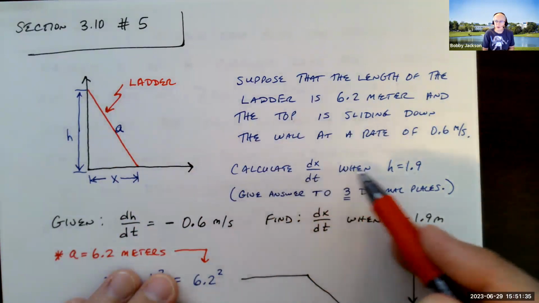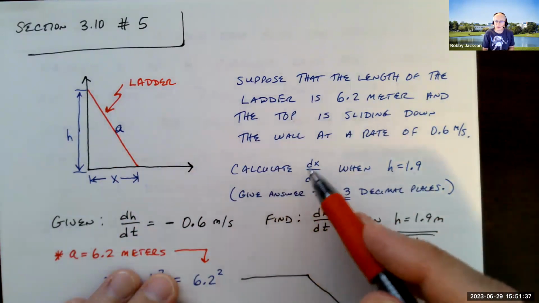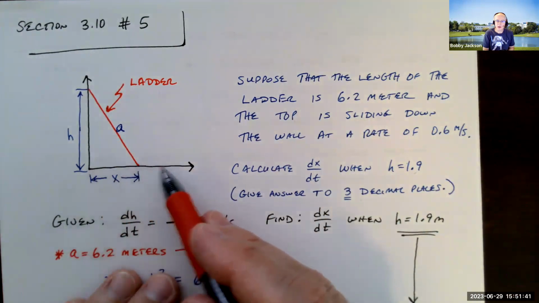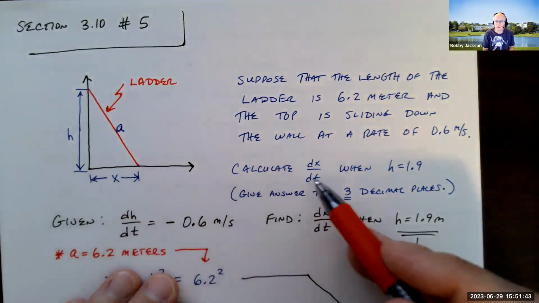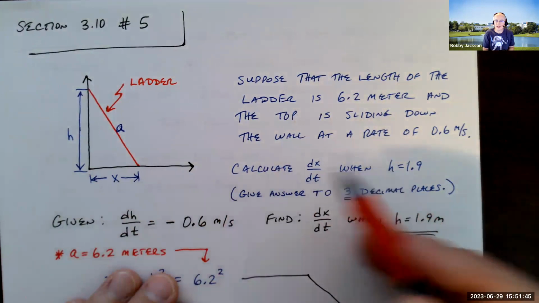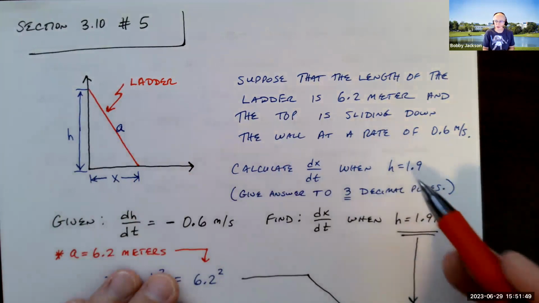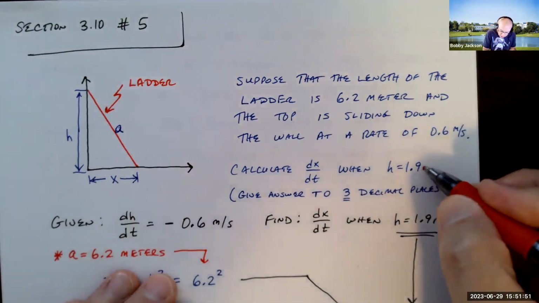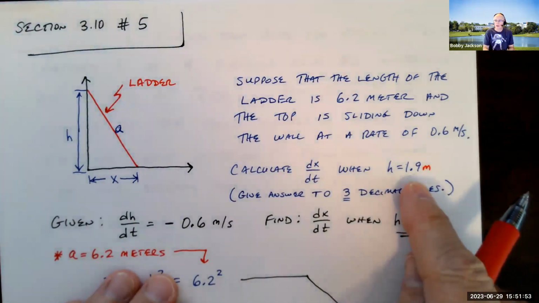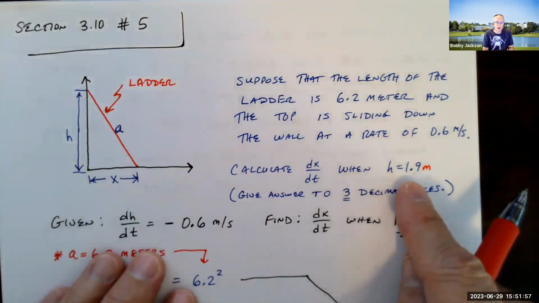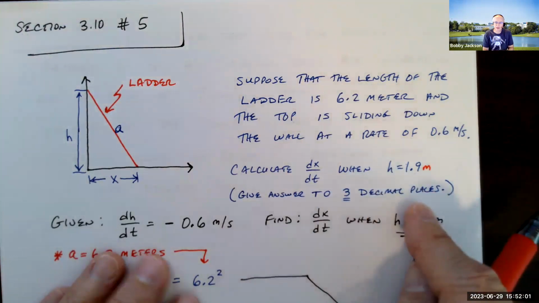Calculate dx/dt when h is 1.9. So what are they really saying? Find the rate of change of the bottom of the ladder as it moves away from the wall, the instant that the height h is 1.9. I'm pretty sure they meant meters here. They didn't put that, but they should. At that instant, the height of the ladder is 1.9 meters above the ground. And then give the answer to 3 decimal places.